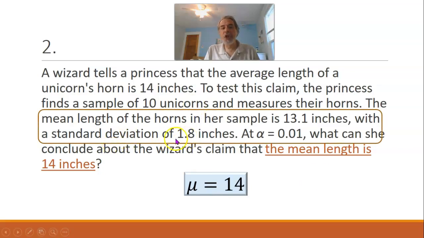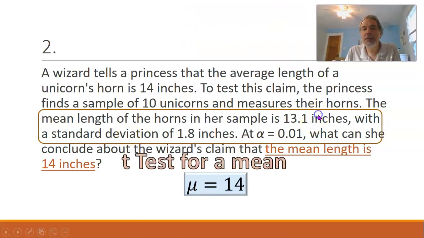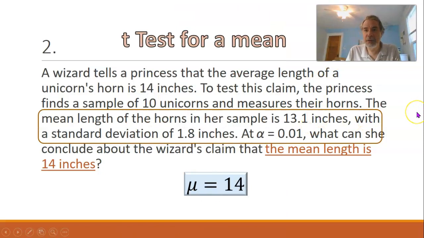And we don't know the standard deviation of the population, but we know the standard deviation of the sample. The mean length of the horns in her sample was 13.1 inches with a standard deviation of that sample of 1.8 inches. So since we only know the standard deviation of the sample, we would be doing a t-test for a mean.